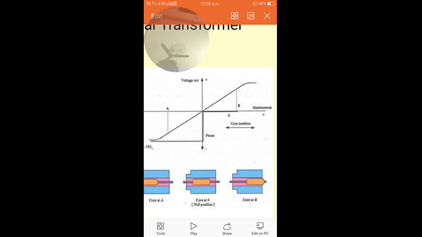Here the magnitude of the output voltage is proportional to the displacement of the core, and the polarity decides the direction of movement of the core from the center.